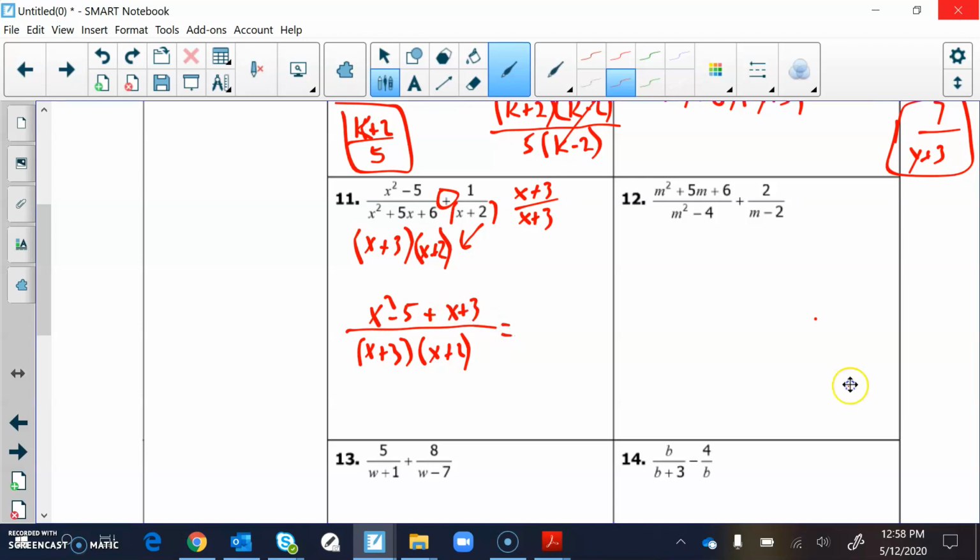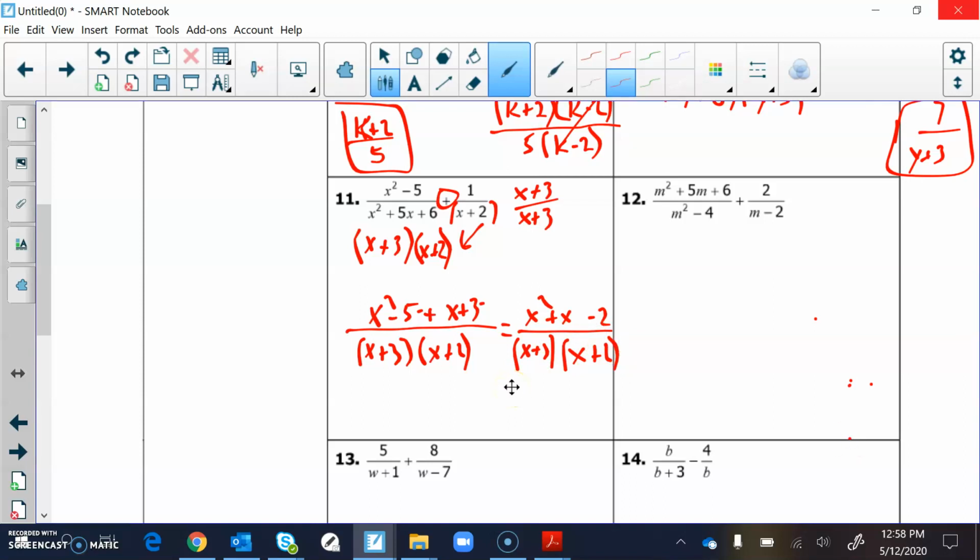Okay, cleanup time. We've got x squared, a minus 5 and a plus 3, that's a minus 2, with a plus x in between. All over x plus 3 times x plus 2. The numerator, again, factors.